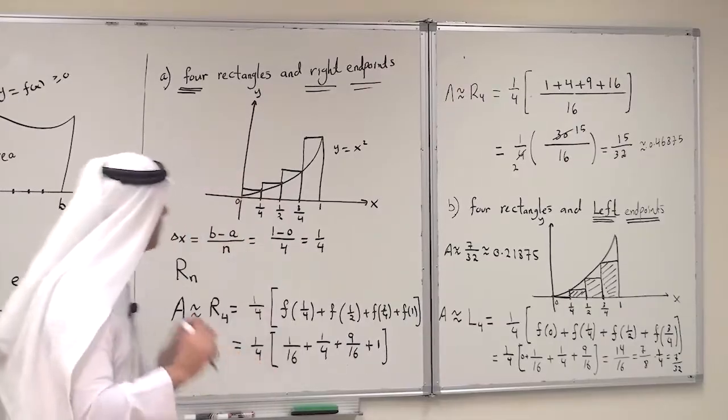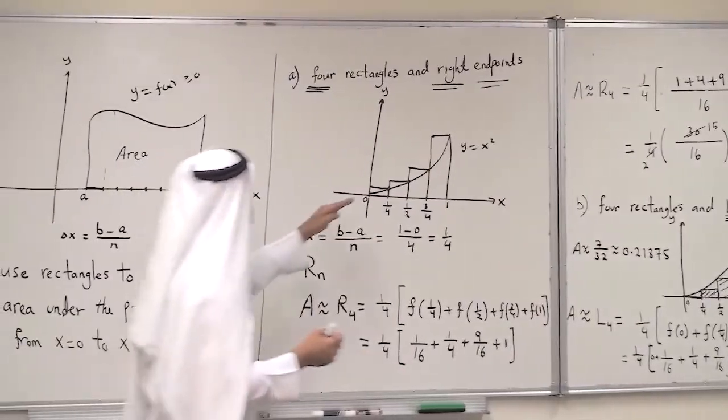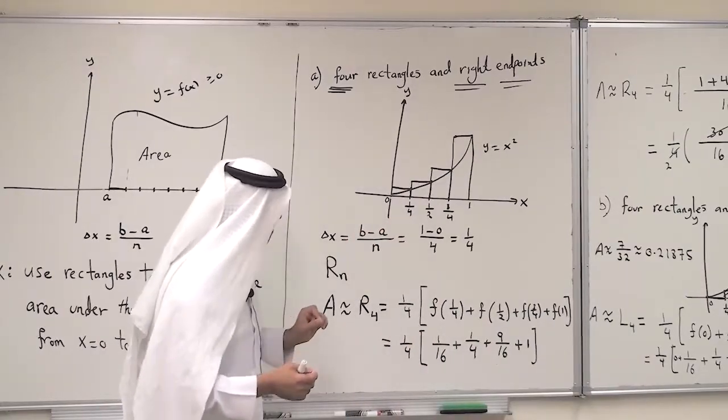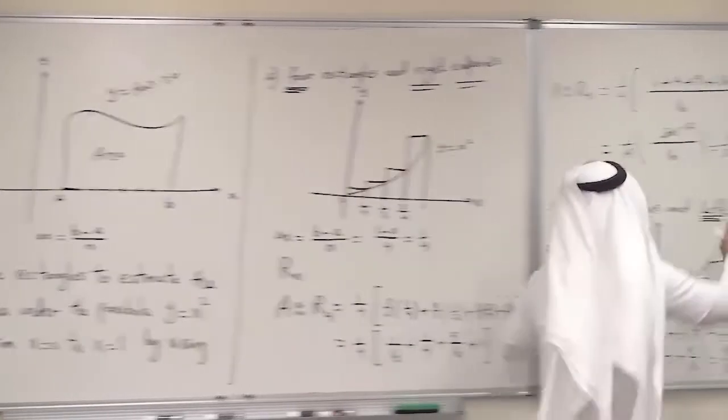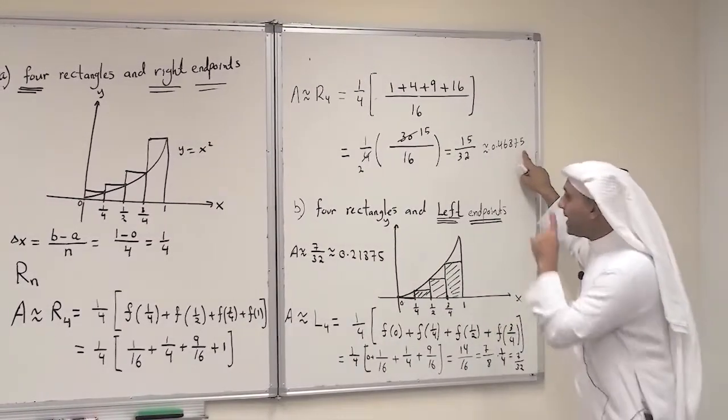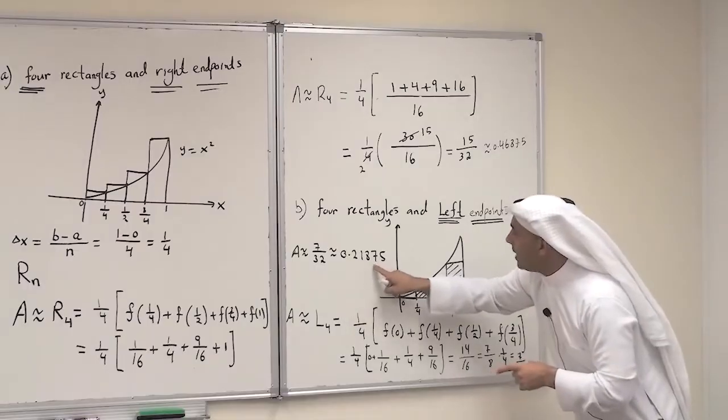But one point of interest here is that the exact area should be a number between what and what? Between the overestimate, which is 0.46875, and it should be greater than this number, 0.21875.